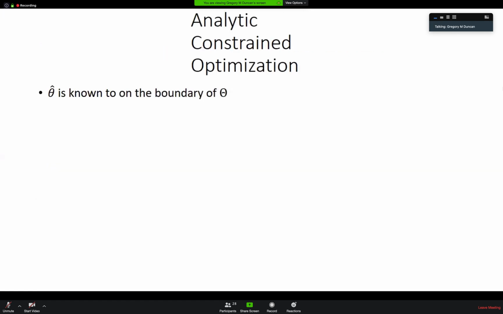Constrained optimization: theta hat is known to be on the boundary, and you've seen this in different contexts. Anytime you look at isoquants and isocost lines, and you ask what's the minimum cost point, and you have the isocost tangent to the isoquant, what you just did was a constrained optimization.